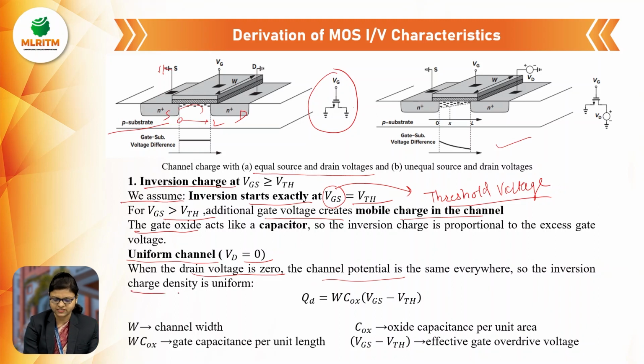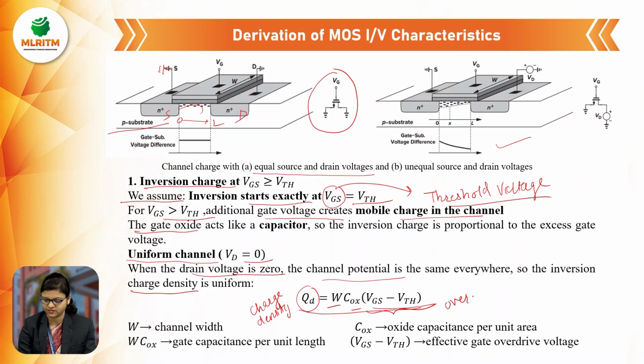So if you want to find the inversion charge density, let's take a capacitive relation in this case. Here we get Q_D, the charge density, equal to W Cox (VGS minus VTH). This VGS minus VTH is called the overdrive voltage.